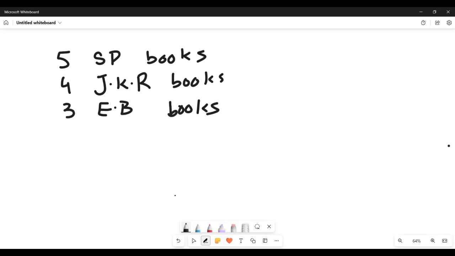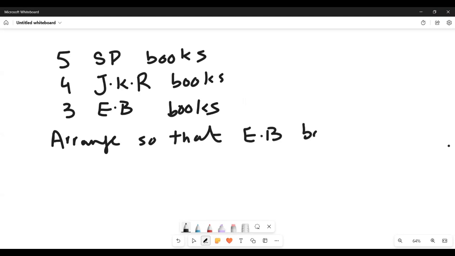Now the question would be, arrangements so that the Enid Blyton books are separated from each other.